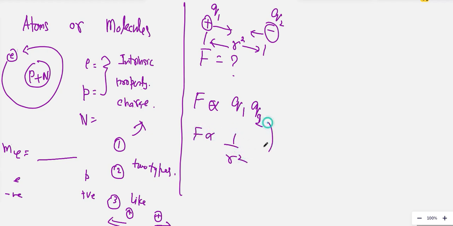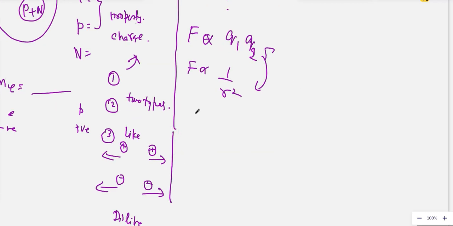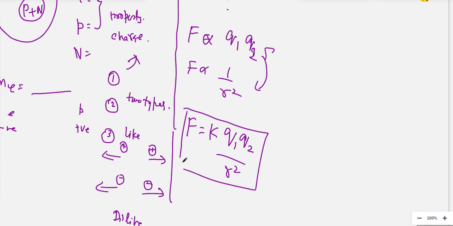And then he combined both just like the gravitational law, and he got a constant k. I will tell you its value shortly, but it came to F is equal to k q1 q2 by r square. So this is called Coulomb's law.